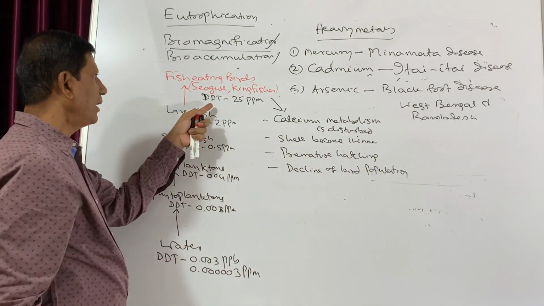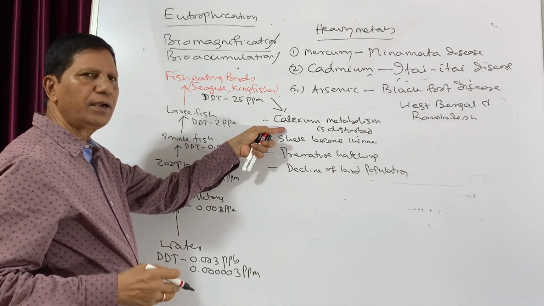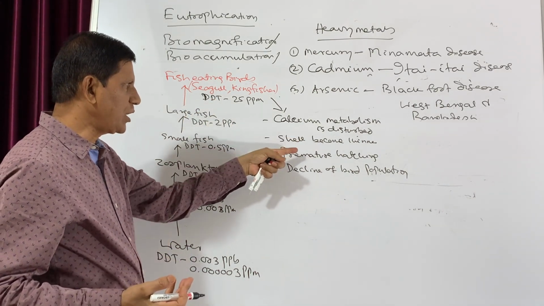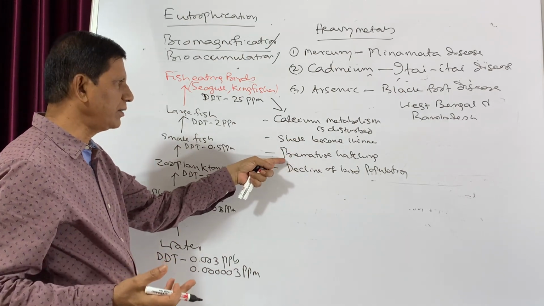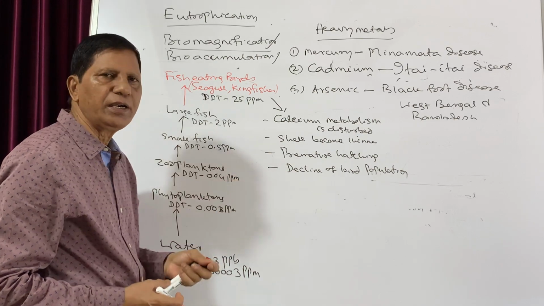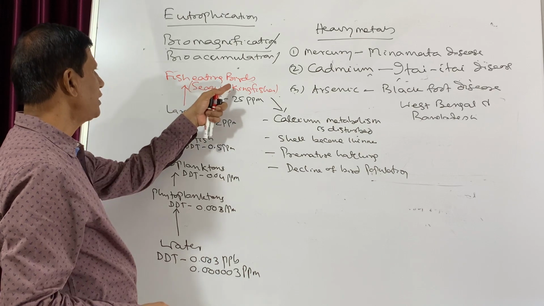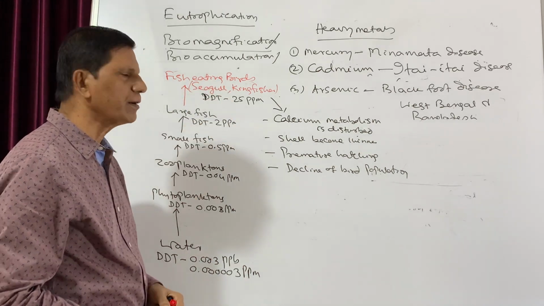That means when the DDT concentration becomes more, the calcium metabolism is disturbed, the egg shells become thinner, there will be premature hatching, and a decline of the population of fish-eating birds like seagull and kingfisher.